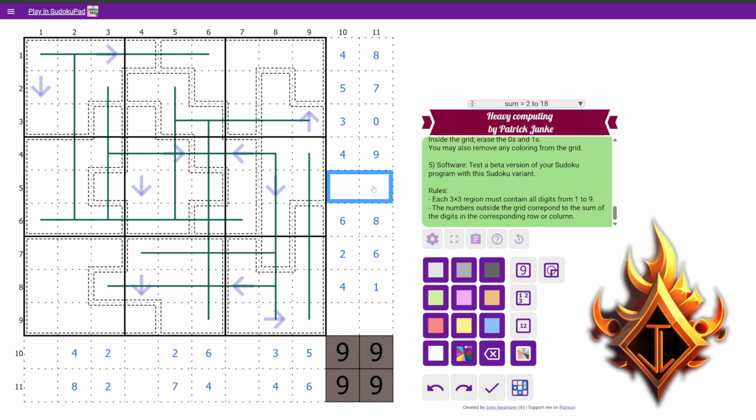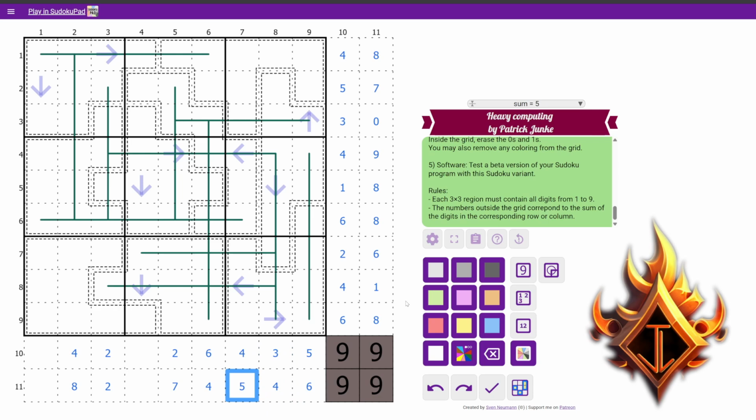117, and we need 18 more. We have 26 and 41, which is 67. So this will be 68. And here, 56 and 34 are 90.